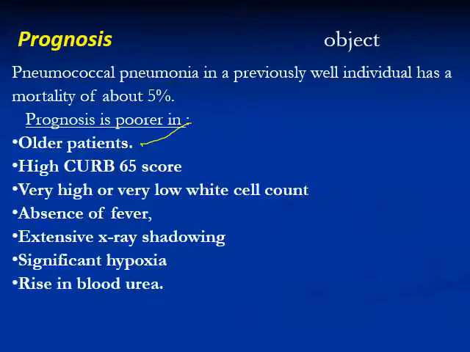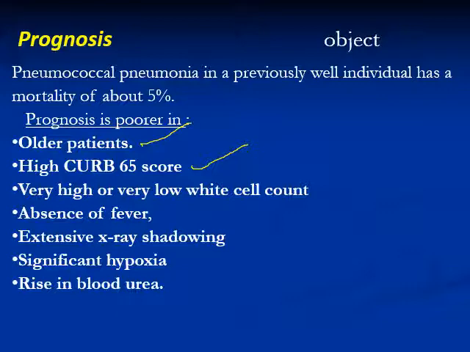If the patient has a high CURB-65 score, about 4 to 5, with confusion, high blood urea, respiratory rate more than 30, and hypotension, this carries a poor prognosis.